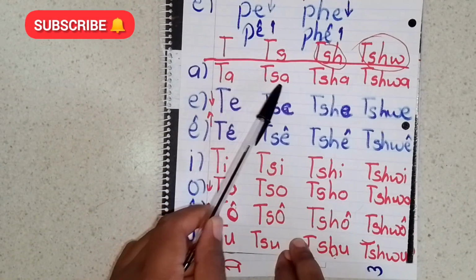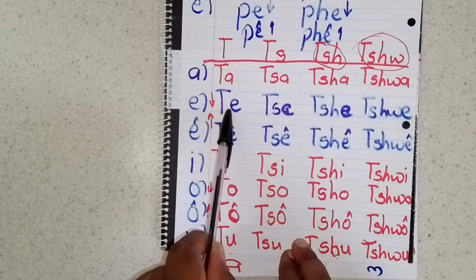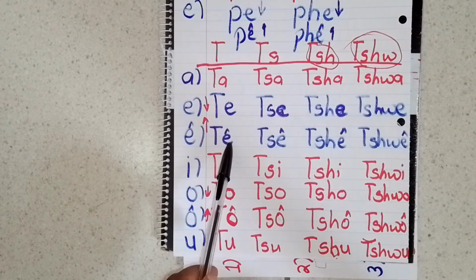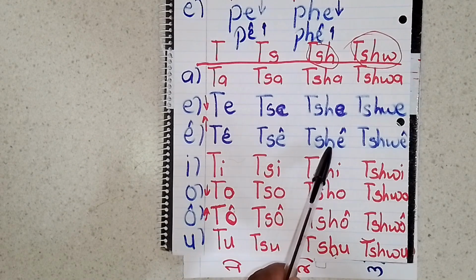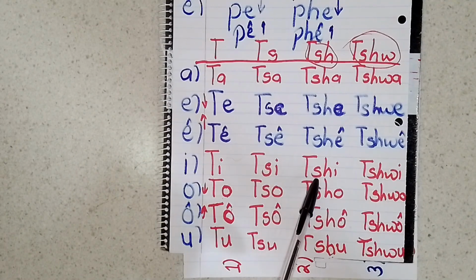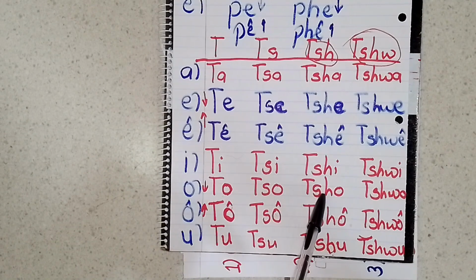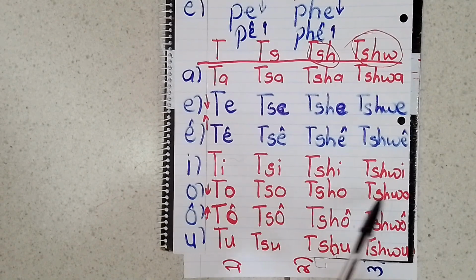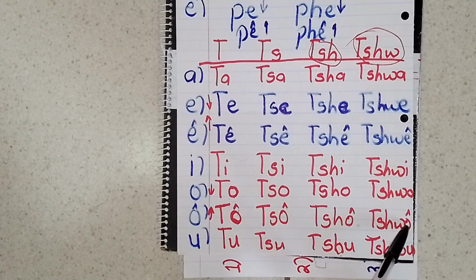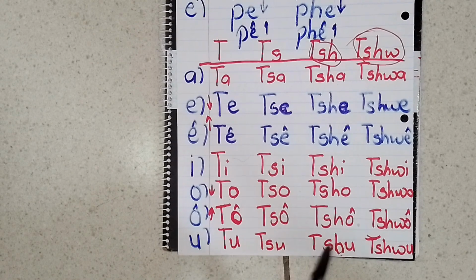Ta, tsa, tsha, tswa, ti, tsi, tshi, tswi, te, tse, tshe, tswe, tu, tsu, tshu, to, tso, tsho.